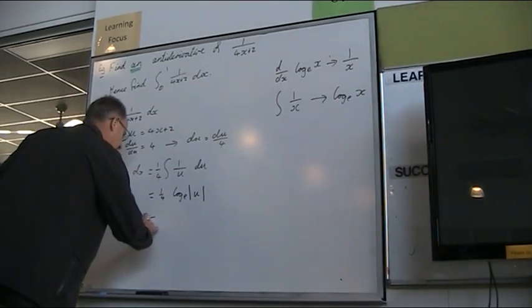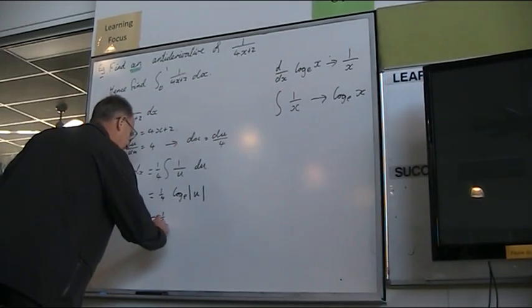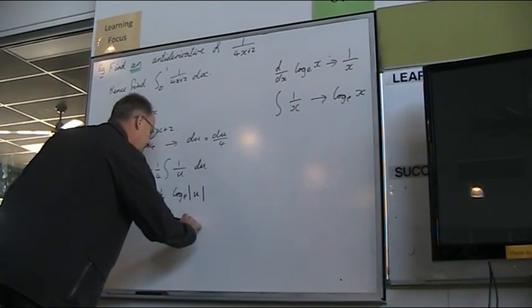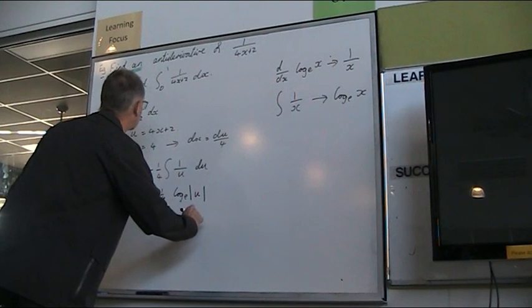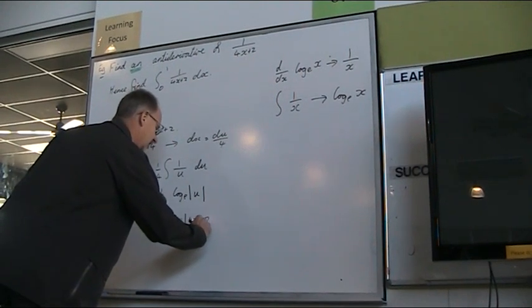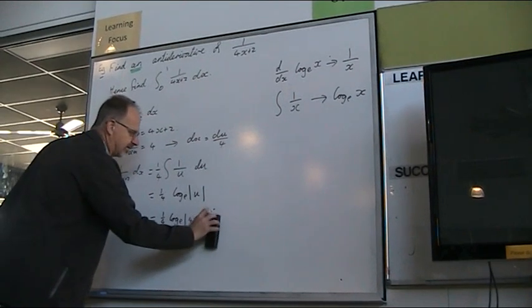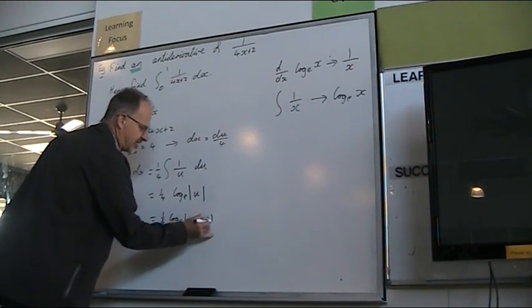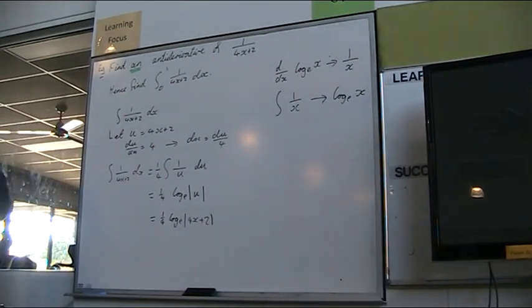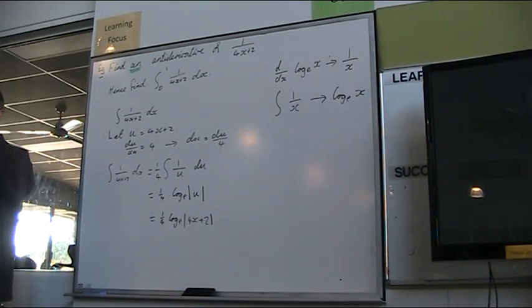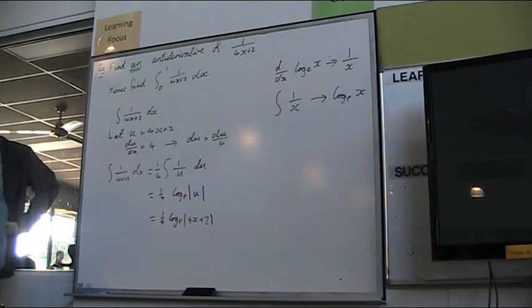So sometimes in your textbook questions they'll have plus C, sometimes they won't. If they don't, go back and look at the question, and if it's got the words an antiderivative, that's why they haven't got a plus C there.